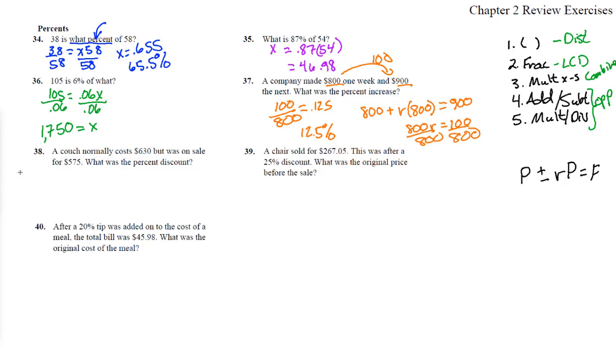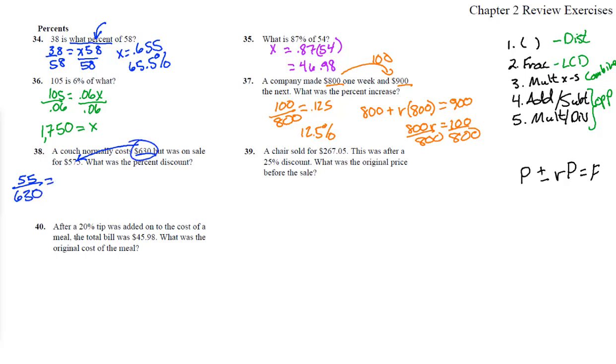All right, next one, number 38. A couch normally costs $630, but was on sale for $575. What was the percent discount? Well, we'll do it both ways, just like we did up here. 630 decreased down to 575. That was a decrease of $55 out of the original 630.